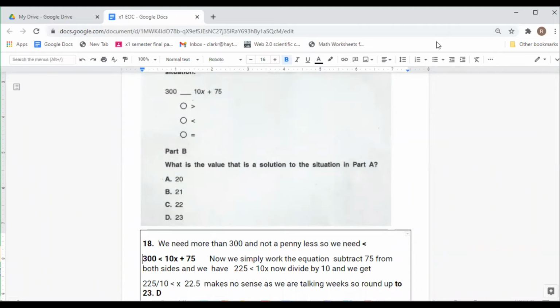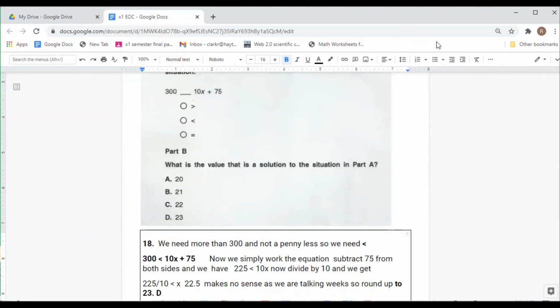And now we have to do the math. 10 times X plus 75 is greater than or equal to 300. So 300 minus 75 is 225. Divide that by 10, and we get 22.5 weeks, which is why I thought I would need greater than, because it didn't come out exactly equal.